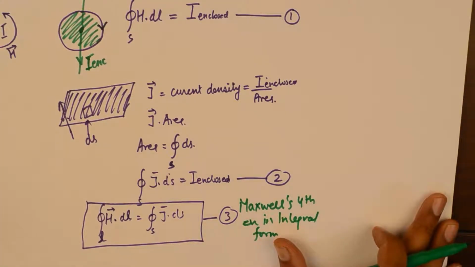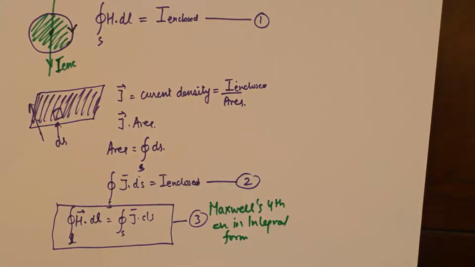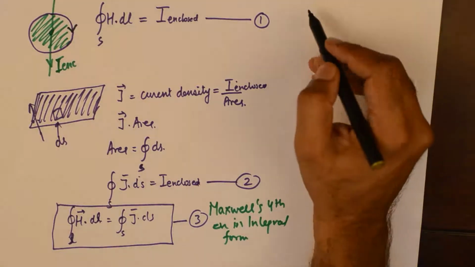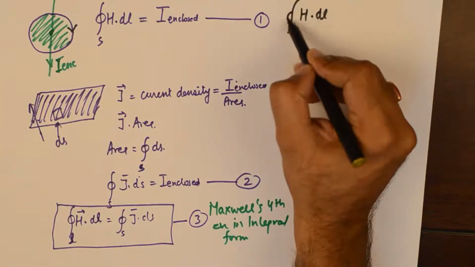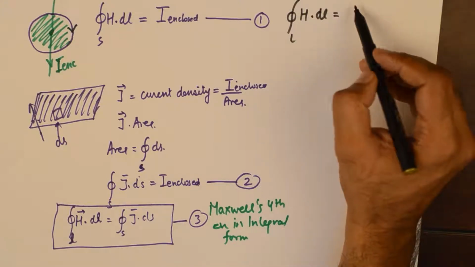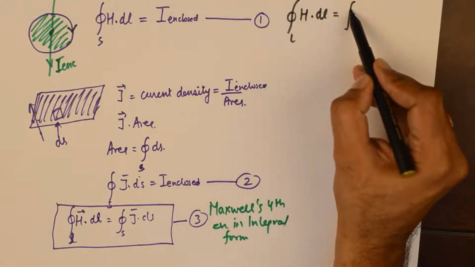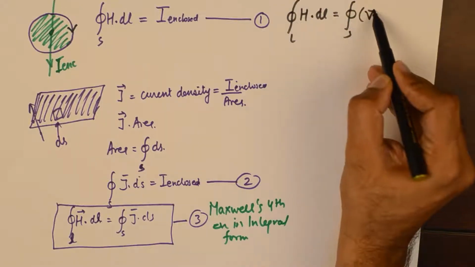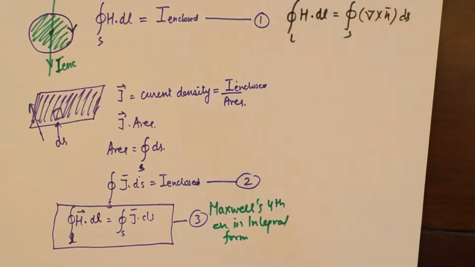Now I'll take the help of a mathematical tool. I'll apply Stokes theorem on the vector H. The Stokes theorem says that the closed loop line integral of any vector is equivalent to the curl of that vector out of the surface enclosed by that closed path.